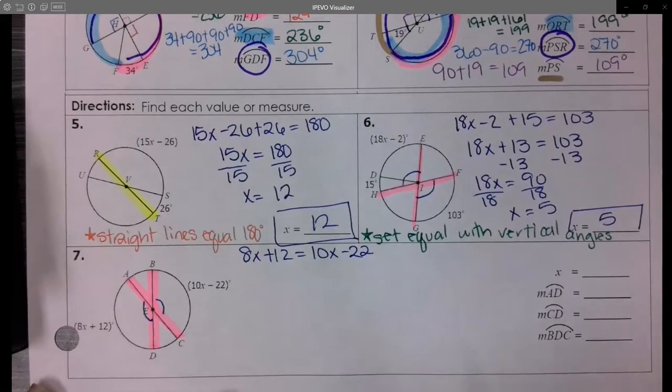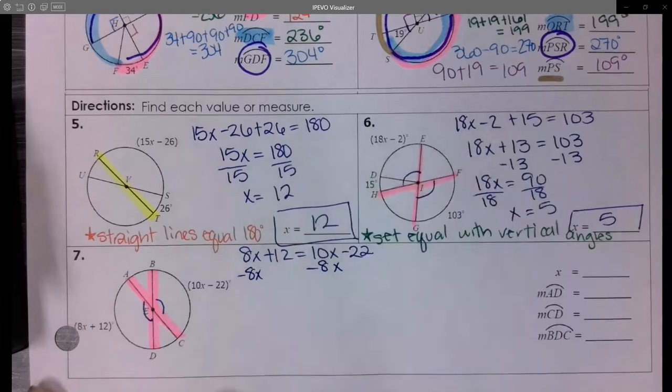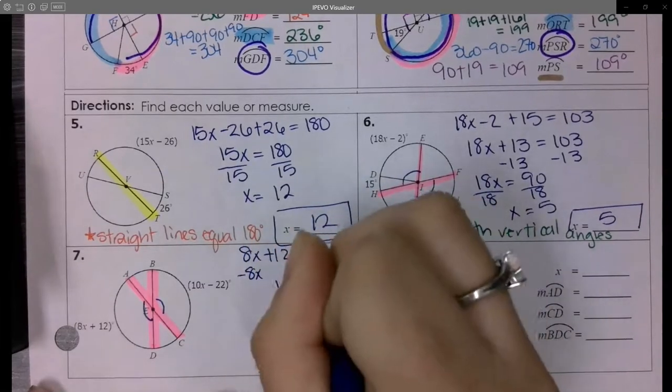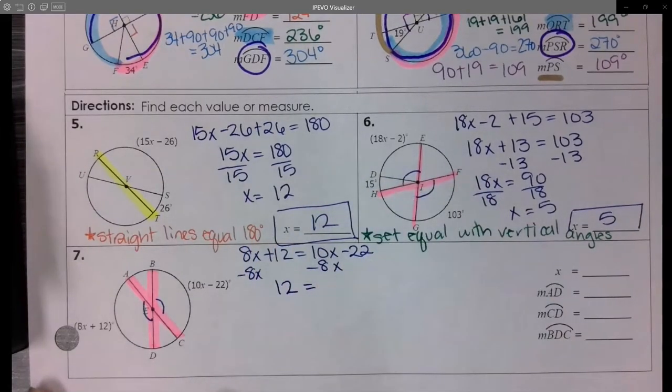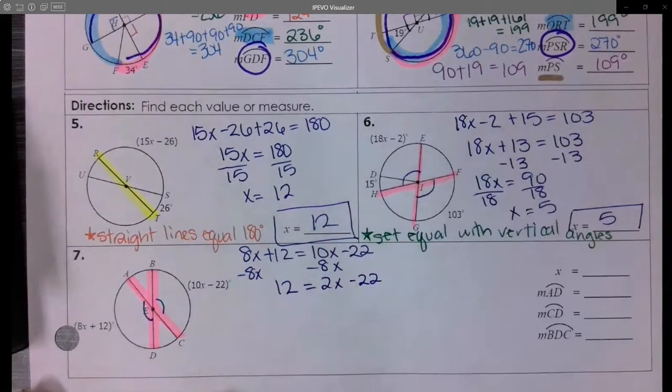So I want to get all of my variables over to the same side. I'm going to subtract 8x on both sides, which gets me 12 on the left. On the right, 10 minus 8 gives me 2x, and then I still have that minus 22 at the end.